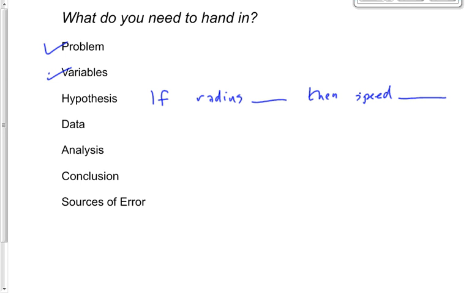Your data, which is your table. Your analysis, which is your table. Your graph. And the answer to one or two of those questions that you haven't already answered as part of your table or your graph. Your conclusion, which is to relate that back to your hypothesis.